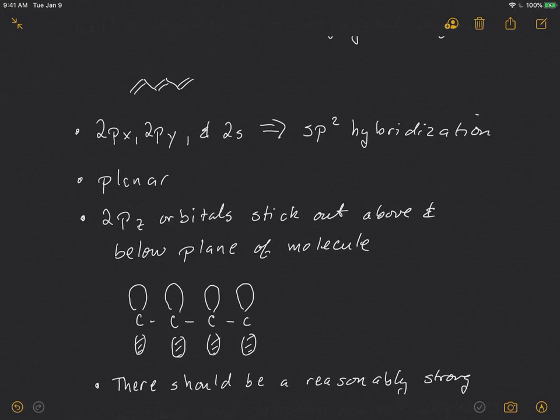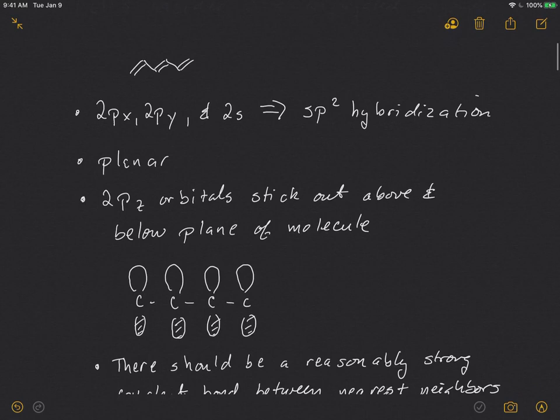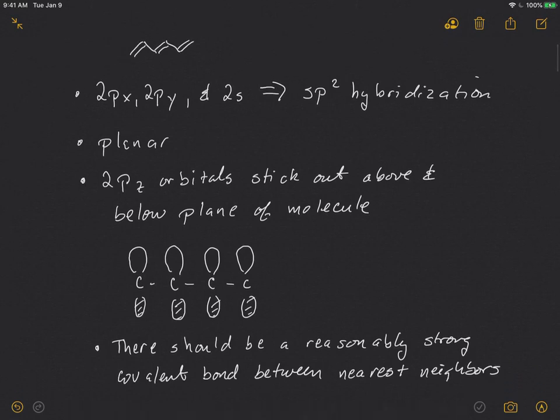And then the question is, it looks like there should be reasonably strong interactions between these orbitals. Indeed, there seems to be evidence of double bonding in pi conjugated systems, so that indicates that there's some covalent nature, some electron sharing, some actual bonding, bond stabilization in these systems.